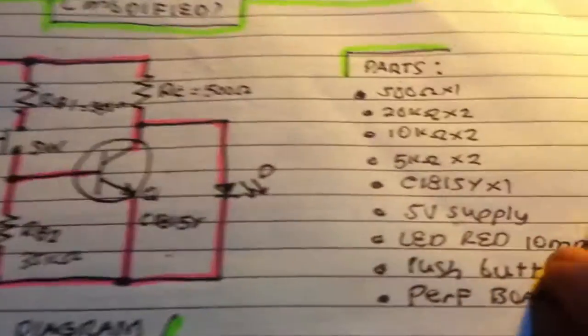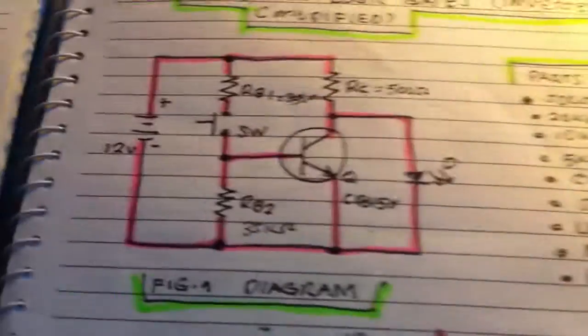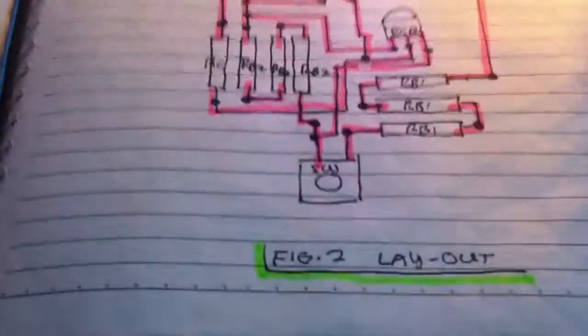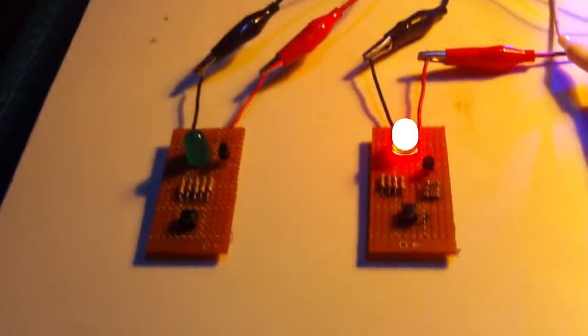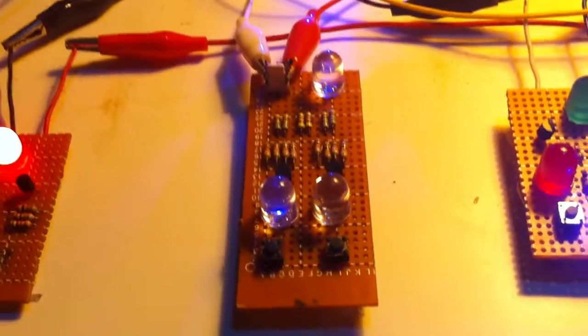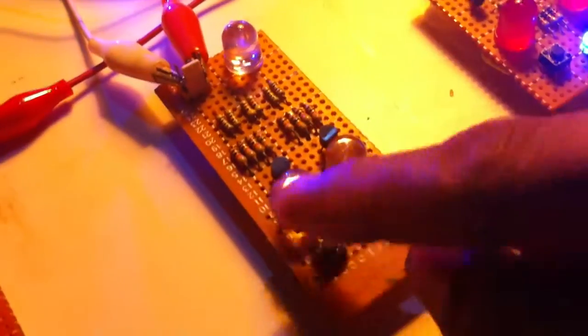And here is the circuit diagram, the parts, and then the layout. This is our previous circuit, an inverter. And we have this one. Seems a lot of resistors here, and a transparent LED, very nice.